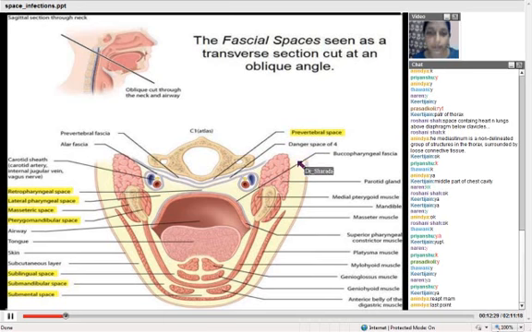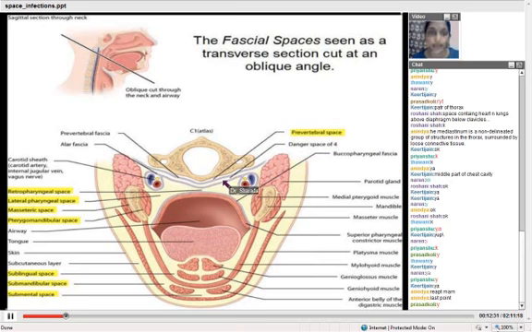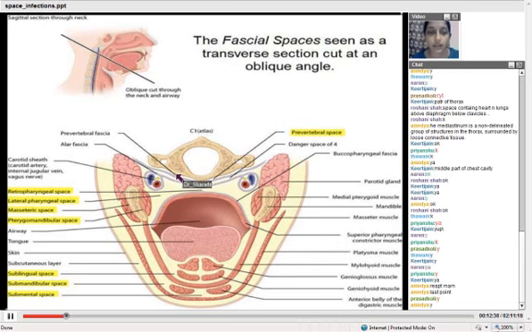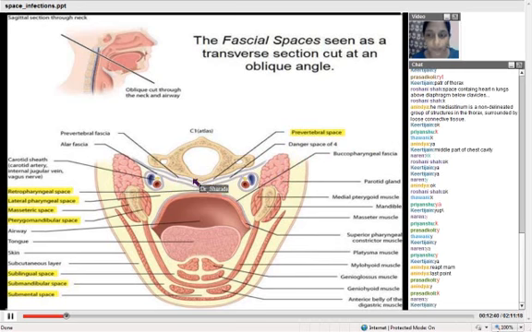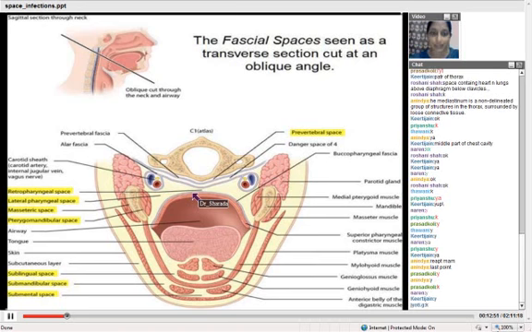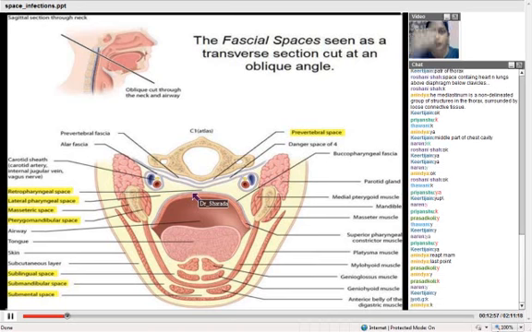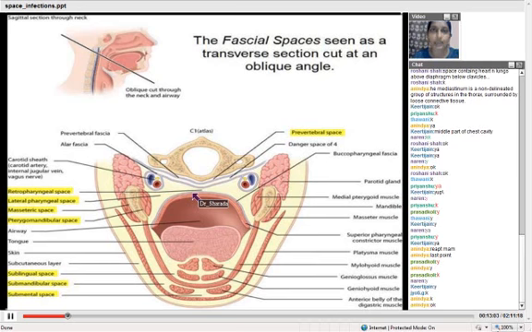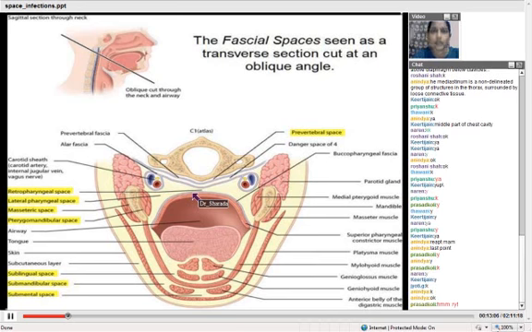I'll repeat the last point. Can you see this space? This is the alar fascia, and behind this is the prevertebral fascia. In between, envision the alar fascia going down like a sheet, all the way to the posterior mediastinum. This is at the neck level we are talking about. It goes all the way down and merges with the posterior mediastinum. I told you mediastinum is like a bag, and a bag should have all sides: anterior, posterior, sideways, top, bottom.